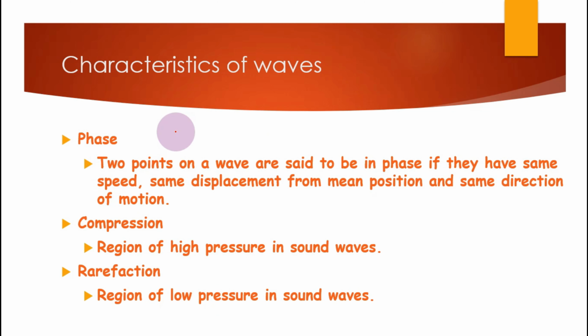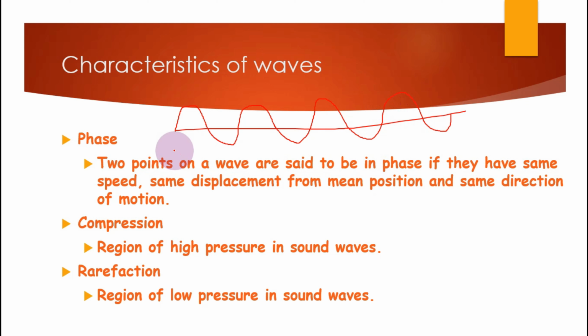Phase. Suppose that here we have a transverse wave in which there is a crest and trough, and so on. Now we take points on this wave. Suppose that I take this point and this point. They are said to be in phase. Why? Because they have the same distance from the mean position, the same direction of motion and the same velocities.